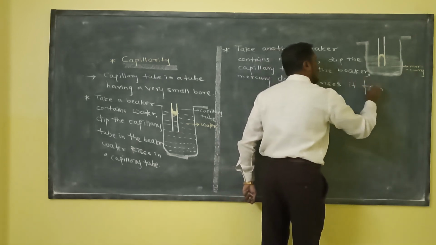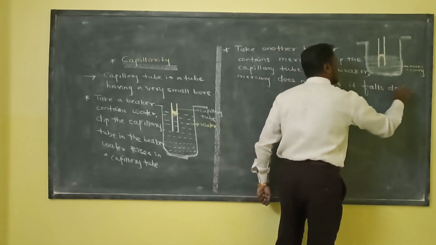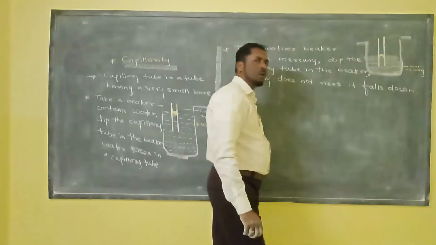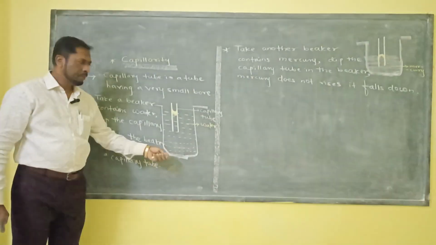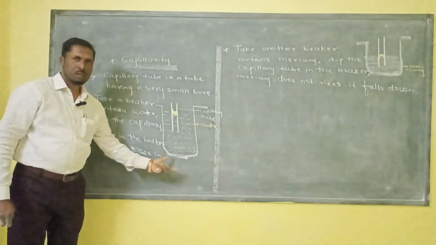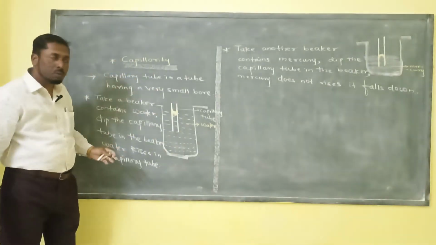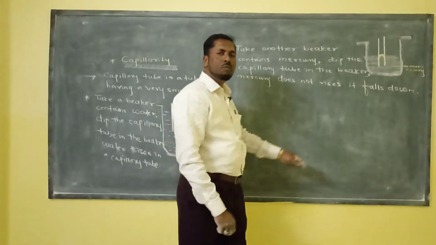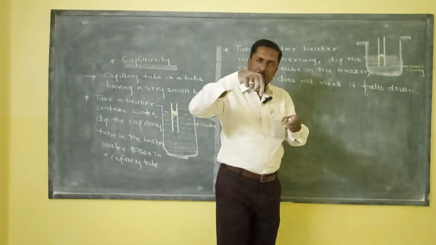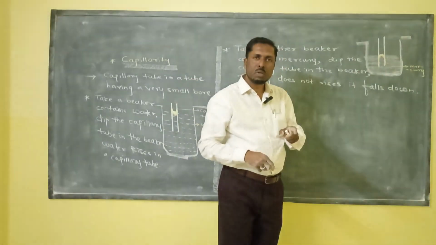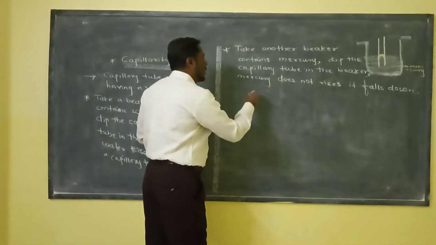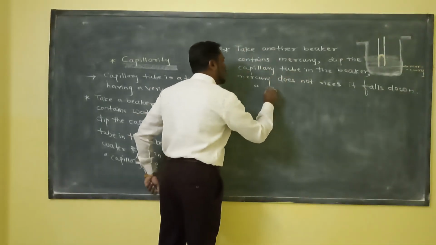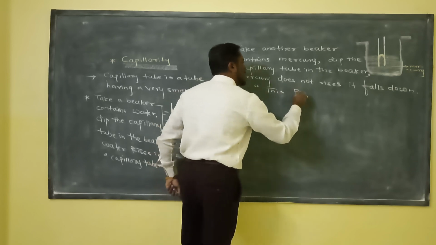It falls down. What we have written in the first para: take a beaker containing water, dip the capillary tube in the beaker. What happens? Water rises in the capillary tube. Take another beaker containing mercury, dip the capillary tube in it. What happens? Mercury does not rise, it falls down.